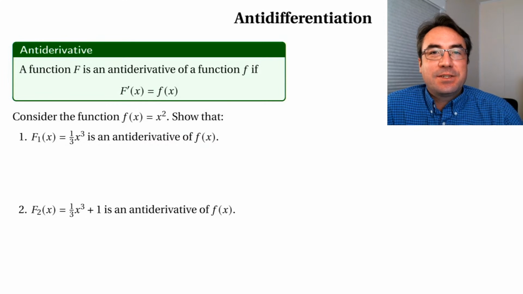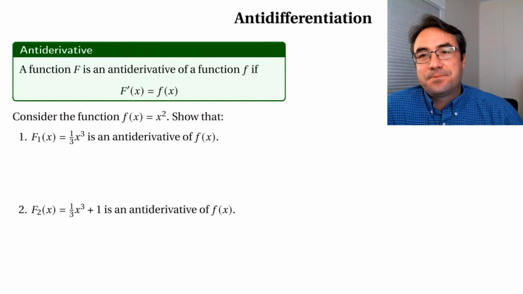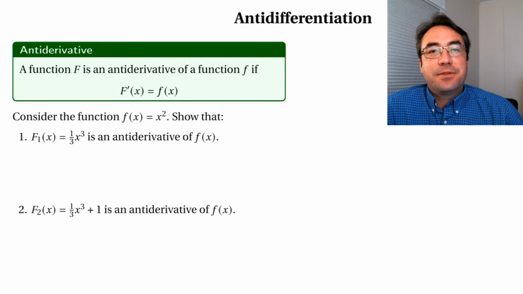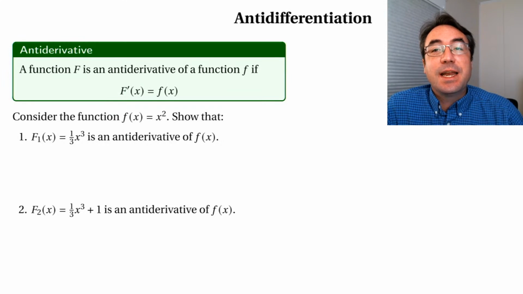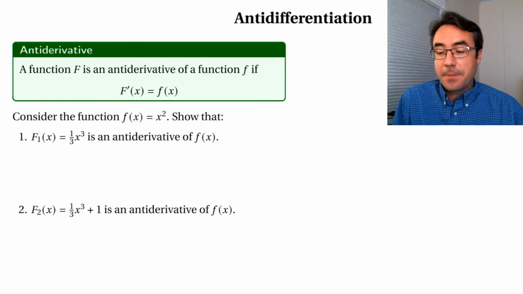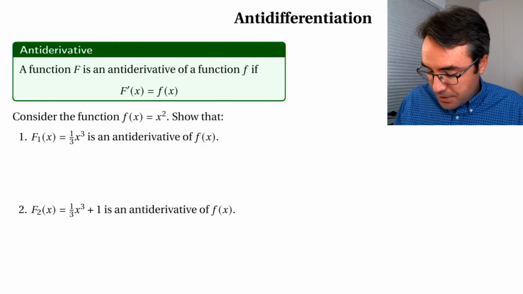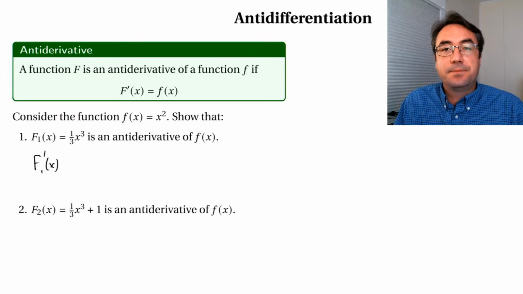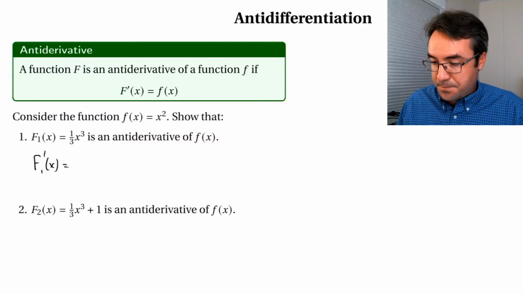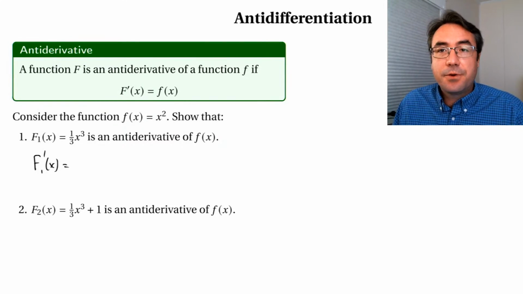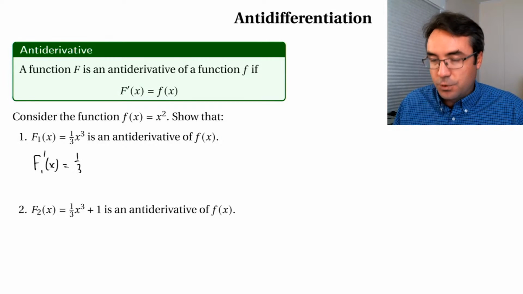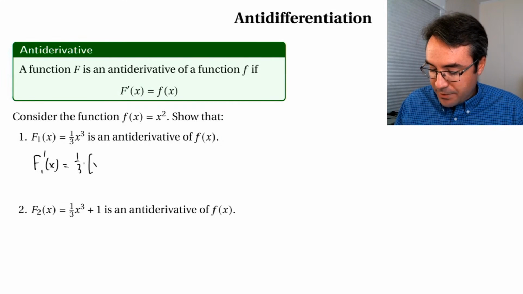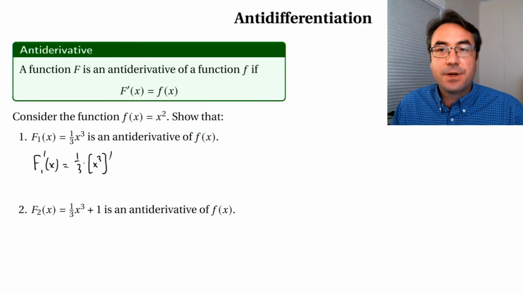So let's look at the function x squared, and we'll call that little f. We're going to show that the function capital F1, which we'll say is 1/3 x cubed, is an antiderivative of little f. How do we do this? We're just going to take F1 and differentiate it. If we differentiate 1/3 x cubed, we'll show our work here, though we don't normally show all this anymore.